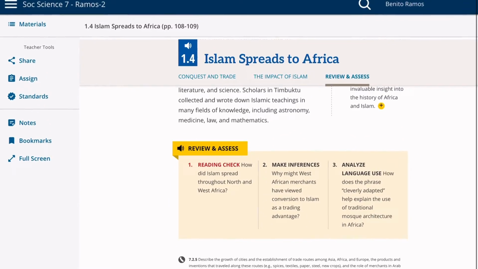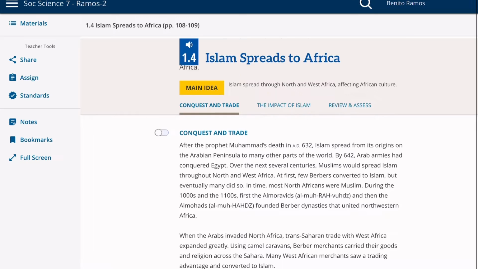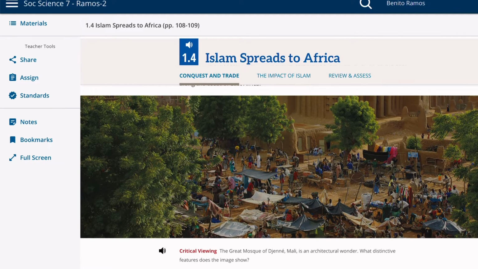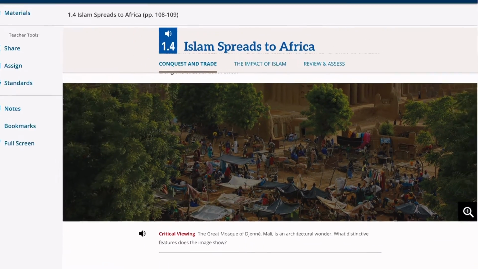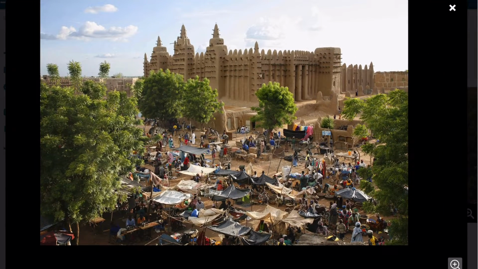So a little background. Market days in the square of the Great Mosque of Genève are a common occurrence. Vendors sell everything from cattle and vegetables to household goods. Much of its tradition of trans-Saharan trade, sellers and buyers negotiate for the price of goods.